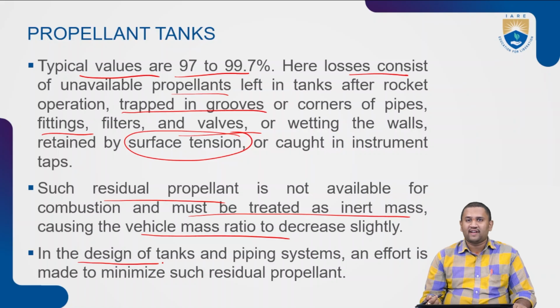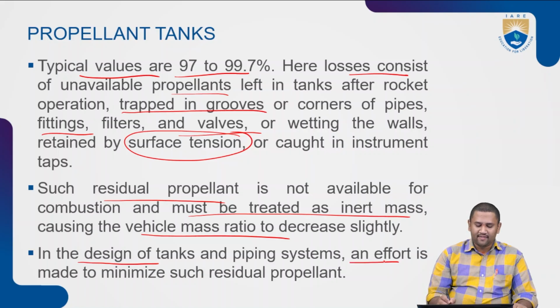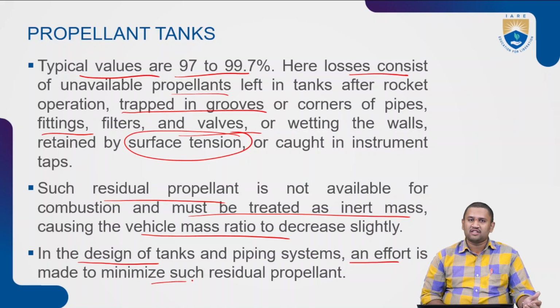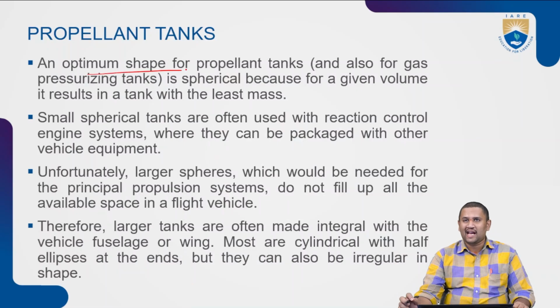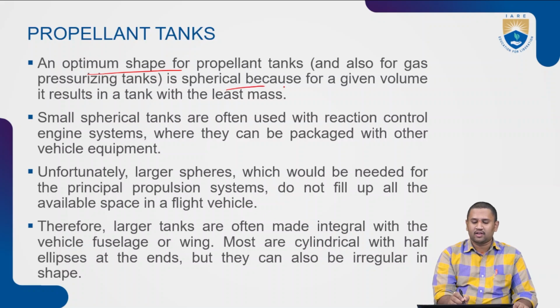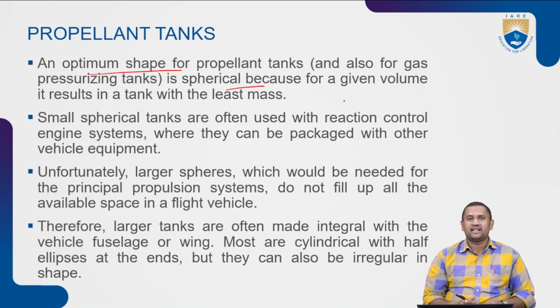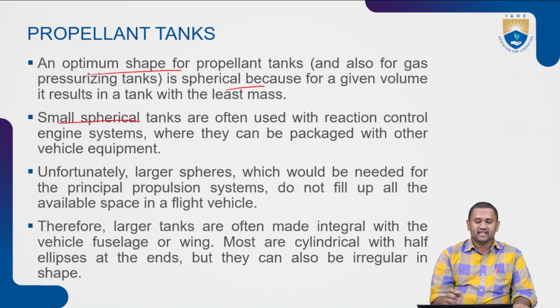In the design of tanks and piping systems, an effort is made to minimize such residual propellant. An optimum shape for propellant tanks, and also for gas pressurizing tanks, is spherical, because for any given volume it results in the tank with the least mass. Small spherical tanks are often used for reaction control engine systems, where they can be packaged with other vehicular equipment.